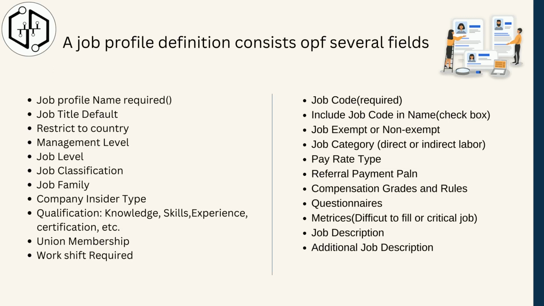Qualification: knowledge, skills, experience, certification, etc. Union membership. Work shift, required. Job code, required. Include job code in name, checkbox. Job exempt or non-exempt. Job category, direct or indirect labor.